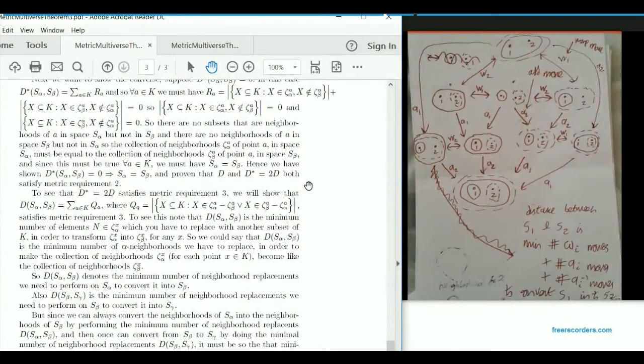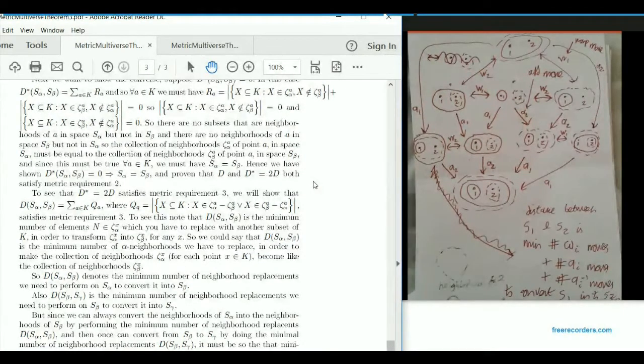And so the essence of the triangular inequality argument follows from that. There's going to be a shortest amount of simple neighbourhood conversions that you have to do to convert space S alpha into space S beta, then a smallest number of symbol conversions to convert S beta to S gamma.